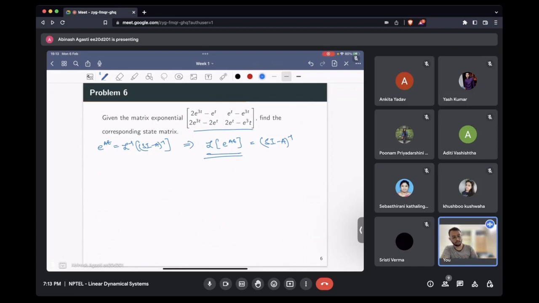Anyone has a solution? Drop in a text in the chat box when you get the solution. We'll start after that.